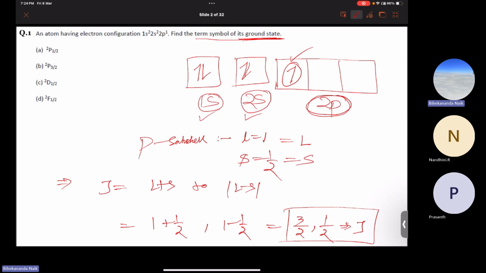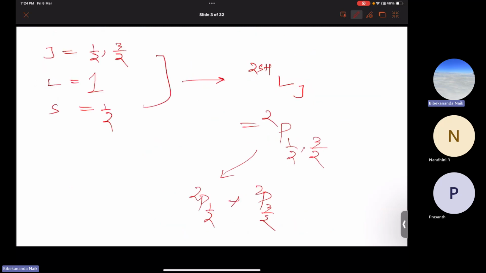For example, with respect to the multiplicity, with respect to the L values, and with respect to J values, levels are arranged differently. So if you see here, now we have these two values, and for both the levels, L and S are same, but J are different. So out of these two, only one will be the ground state or the lowest energy state.